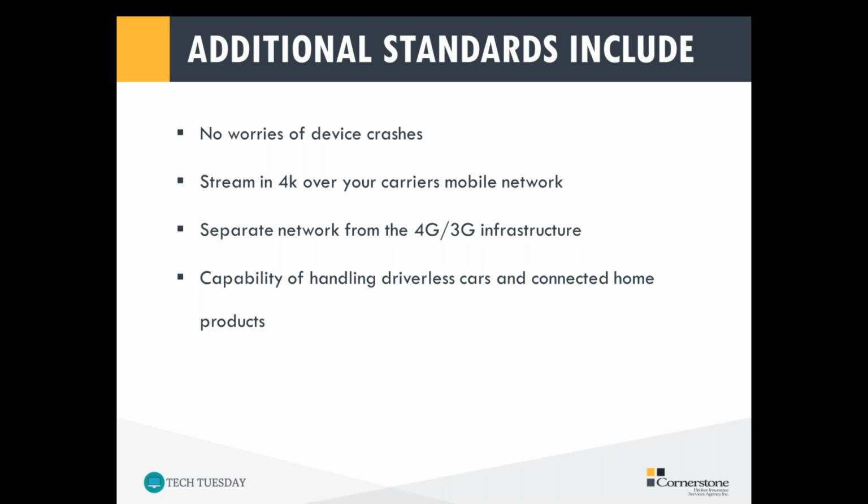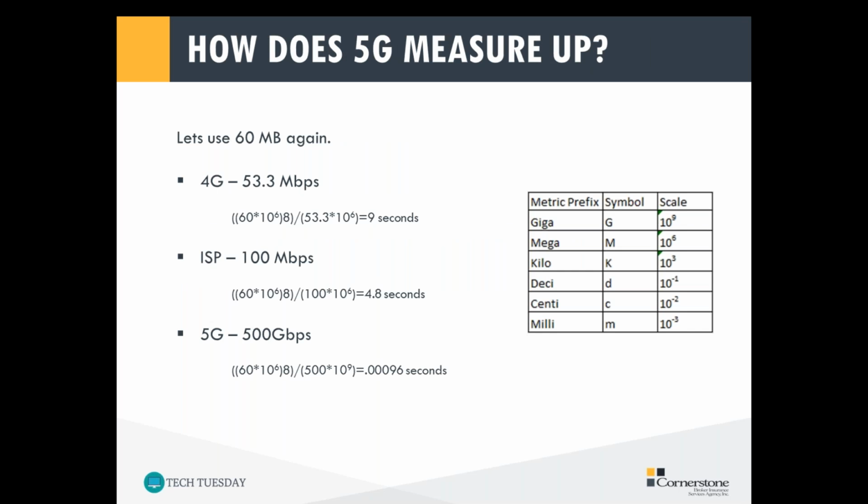And they have the capability of handling driverless cars and connected home products, as well as doing all of the things that 4G could do. So you could be in your Tesla being driven wirelessly while also streaming YouTube and checking your navigation on your wireless car, all at the same time using the same network and having no issues. That's the goal of 5G. And that's why it's going to take a while to really implement it.